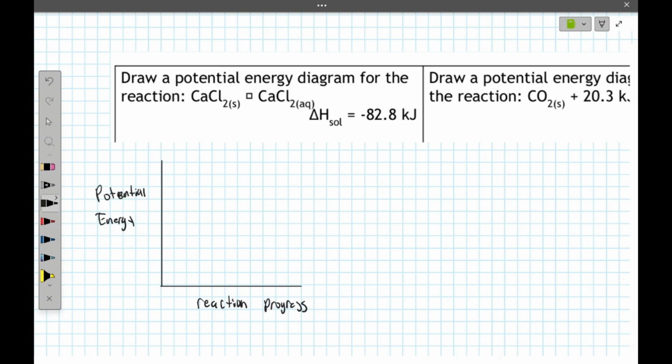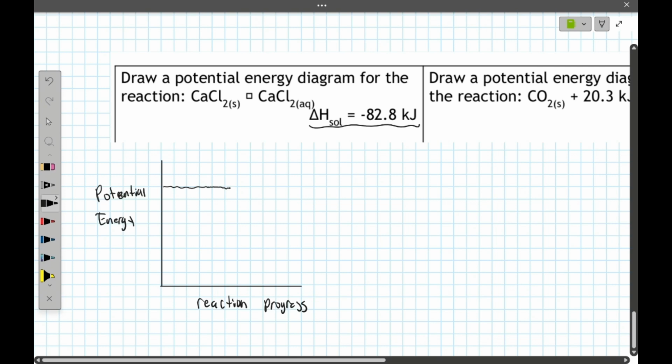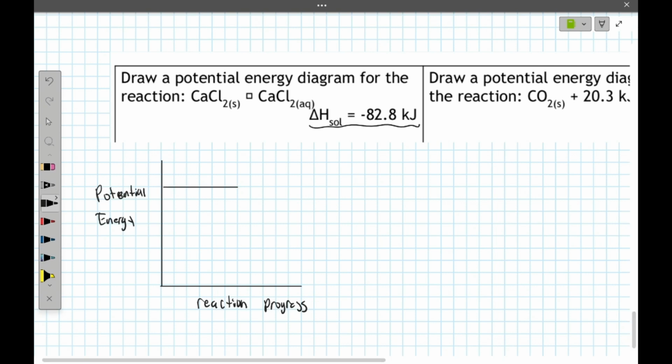So the change in energy given to us is negative. It's a negative value. So this means that it's exothermic. So what we want to do is start with a high potential energy, and then we want to go down to show that that change in energy is down and that the system lost energy. From there, the reaction continues.